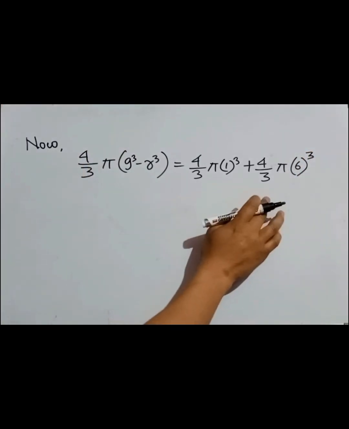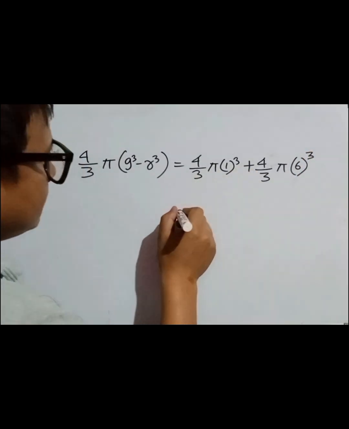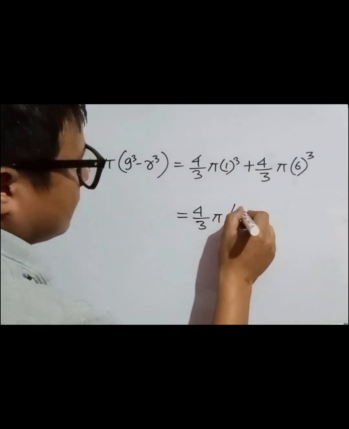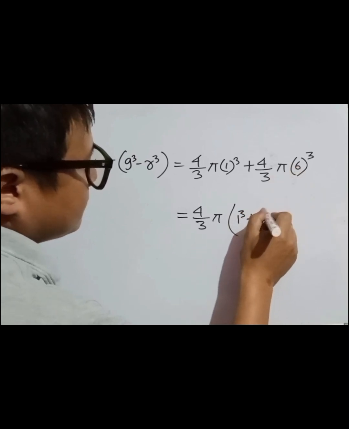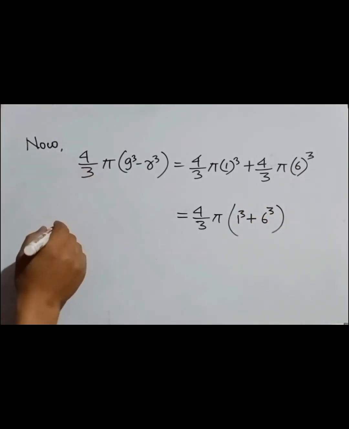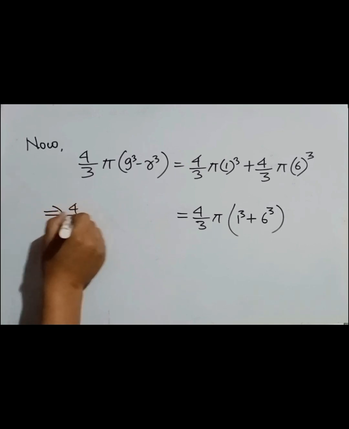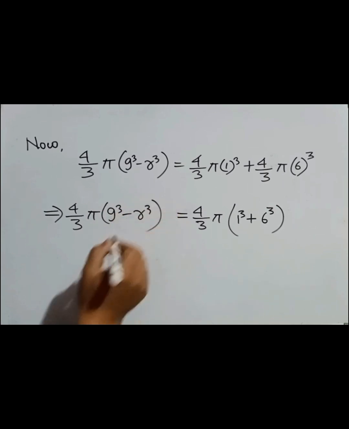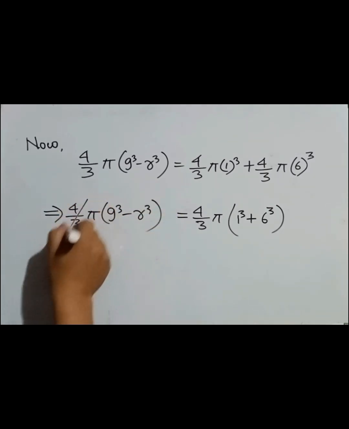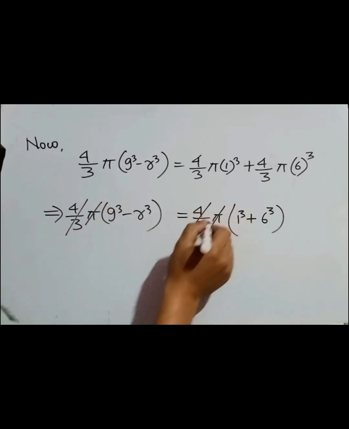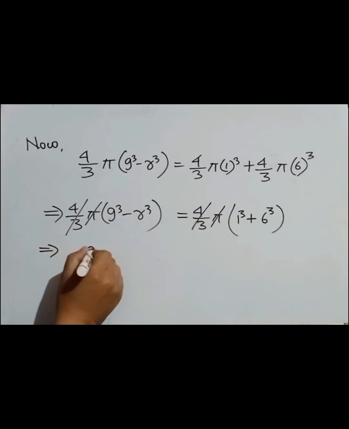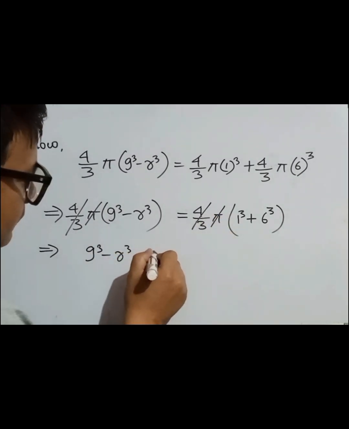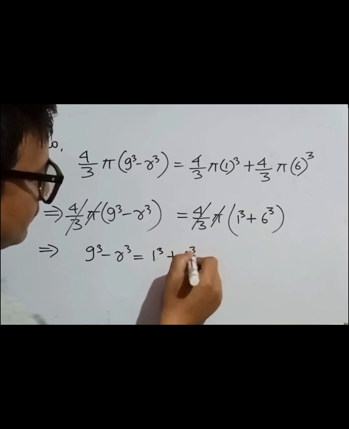On the right hand side we can take 4 upon 3 pi as common, and within the bracket there remains 1 cube plus 6 cube. The left hand side remains the same. Here we can cancel 4 upon 3 and pi on both sides, and after this we get 9 cube minus r cube is equal to 1 cube plus 6 cube.